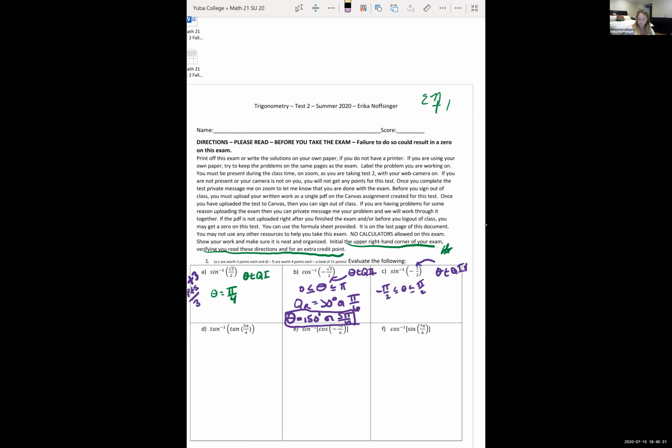But I'm in quadrant 4, and it's in the form of minus, so the angle is measured clockwise. So pi 6 or 30 degrees is the reference angle, but theta would have been equal to negative pi 6 or negative 30 degrees. Either answer would have worked. And so that one was also worth 3 points.